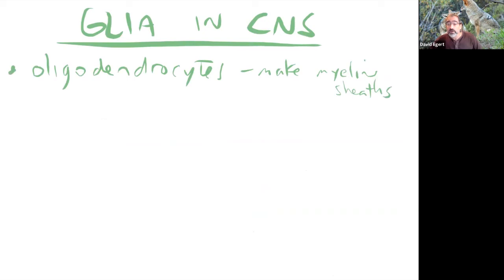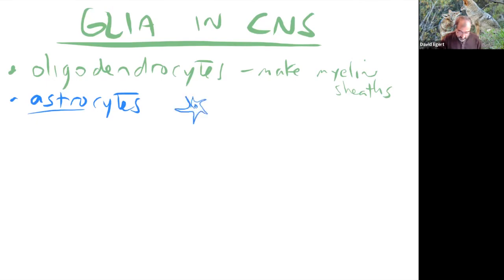Another super important cell in the CNS tissue are the astrocytes. Astro, star, like astronomy. They look like little asterisks. They do a lot of important stuff.